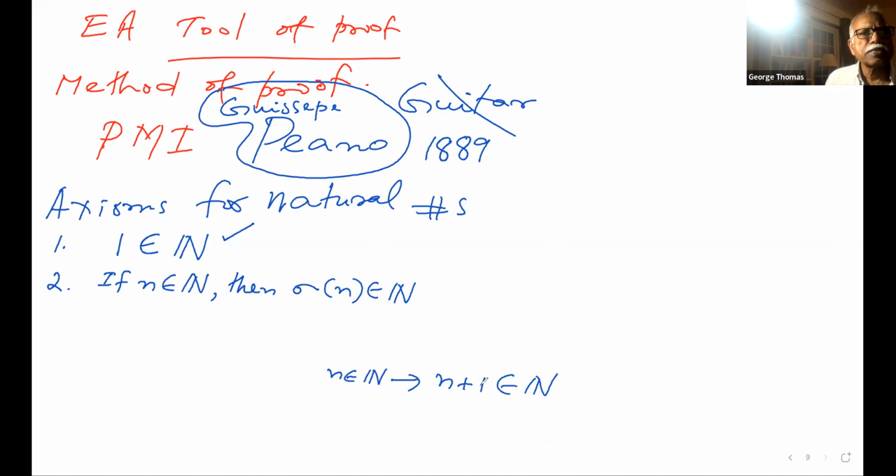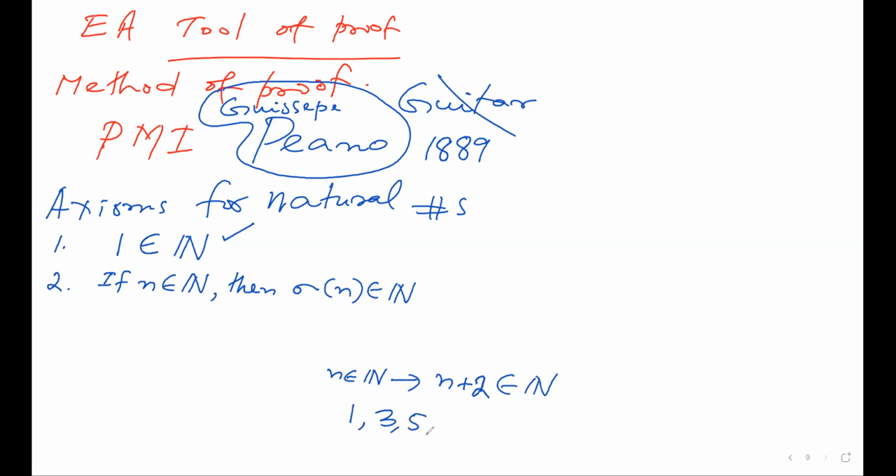That way, there is no gap. Suppose it said, if n is contained in N, n plus 2 is contained in N. What set will you get? You get 1, and what's the next one you will get? 3. 5. 9.